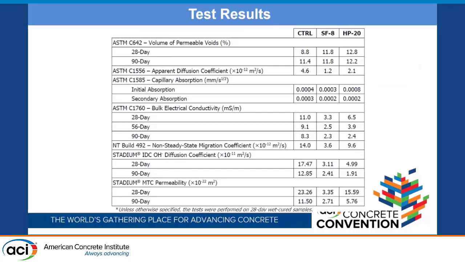The test results: we did C642, which is volume of permeable voids. You can see they're all fairly similar at 90 days, since they all had similar water cementitious ratios, so that's not necessarily a big surprise.